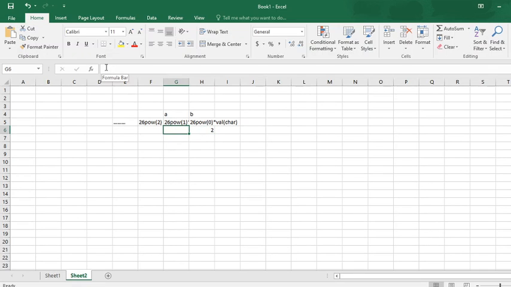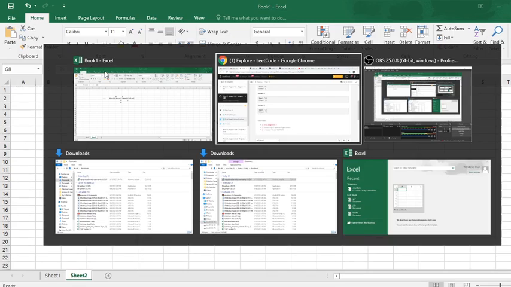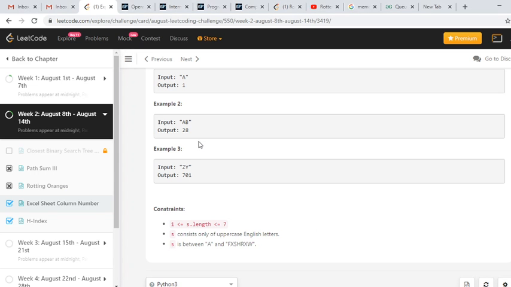Here we get 26 to the power 1, which is 26, and we multiply it with the value of A, which is 1. So the total value, the answer for AB, is 26 plus 2, which is equal to 28. So we are getting the AB value as 28.